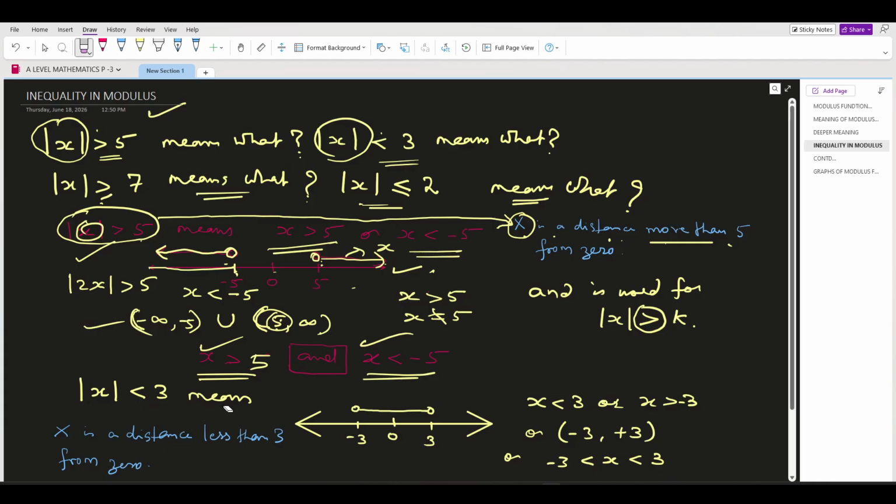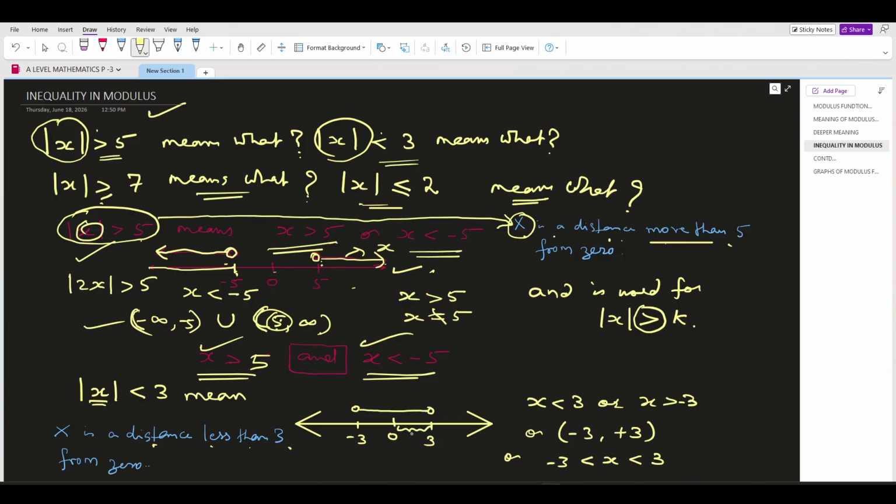Modulus of x less than 3 means, now you have to write the meaning of it. The meaning is x is a distance less than 3 from 0. So on a number line, a distance less than 3 from 0 can be 2. Okay, this is one part.